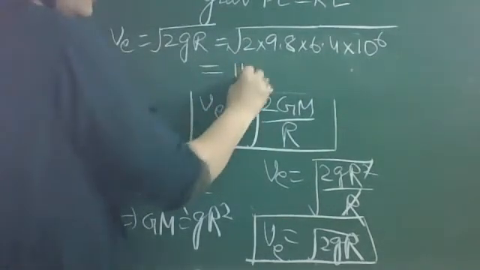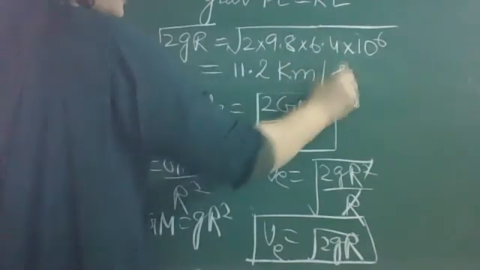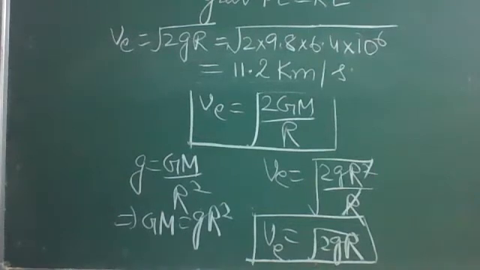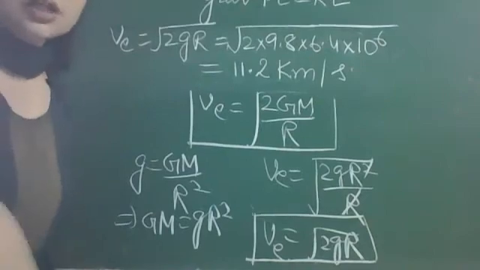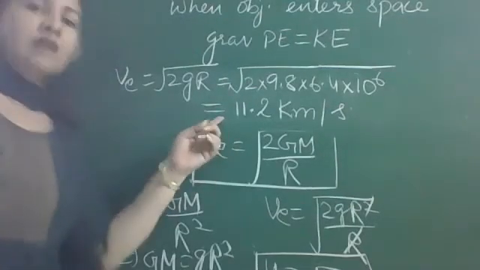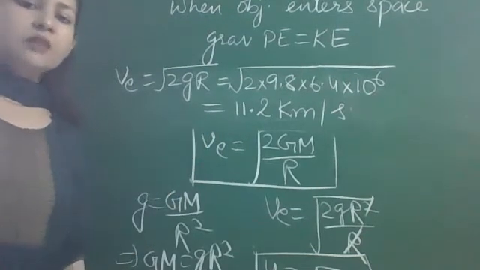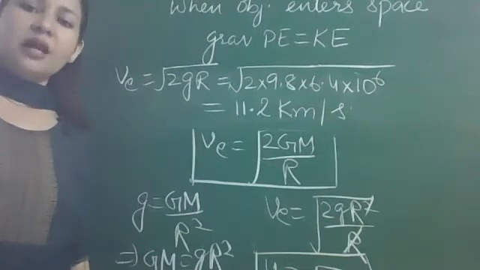On solving, you get the value 11.2 kilometer per second. This is the value of escape velocity for planet Earth.